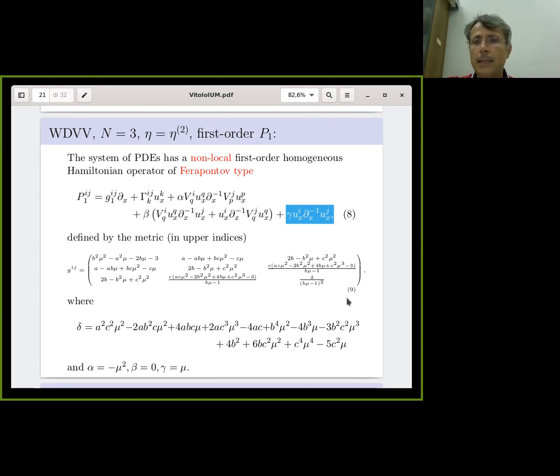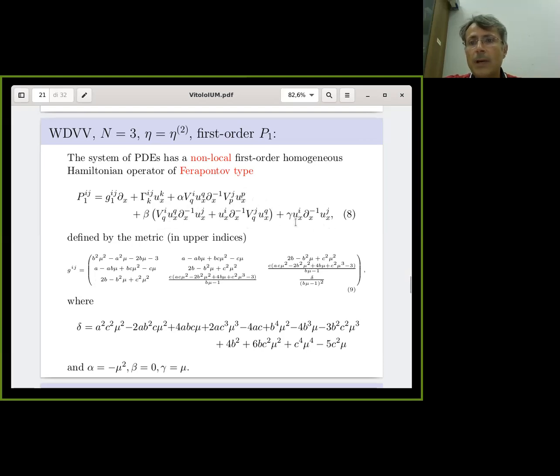Okay, but in this particular case, we have a specific form. It's not a generic Ferapontov type. It is a specific form, because you see that in these blocks, you have a vector before D_x^{-1} and a vector after D_x^{-1}.